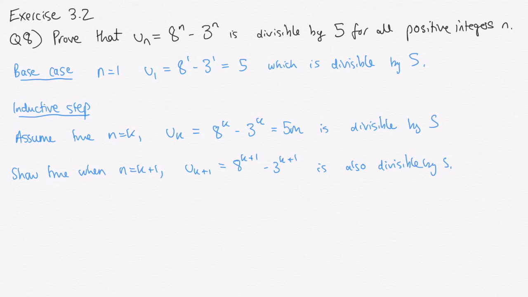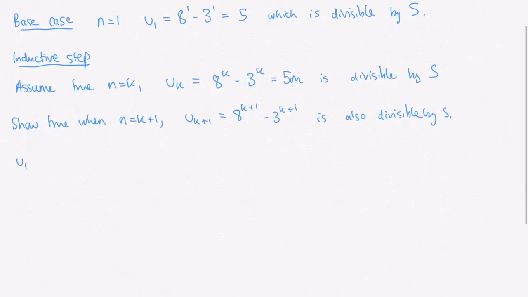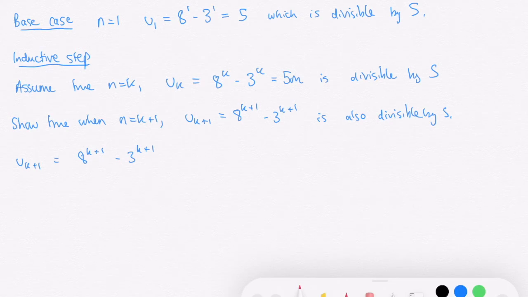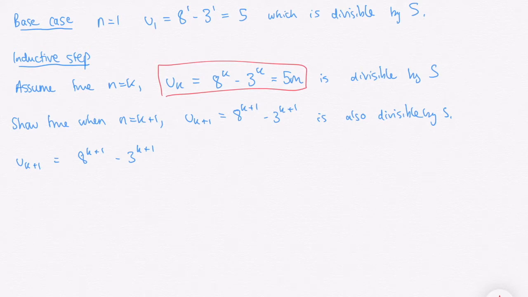Okay, so let's start with u to the k plus 1, which is equal to 8 to the k plus 1 minus 3 to the k plus 1. Well, we can take our assumption here, and we can rearrange this to either make 8 to the k the subject, or to make 3 to the k the subject. I'm going to make 8 to the k the subject, but it doesn't matter if you make 3 to the k the subject, the process is exactly the same.